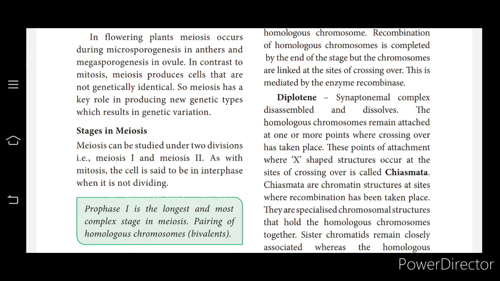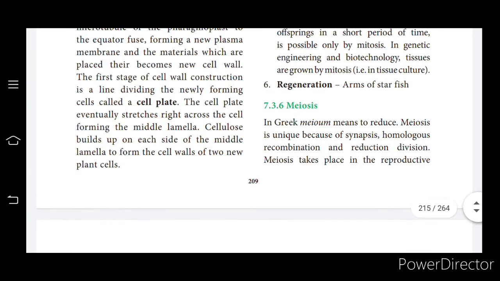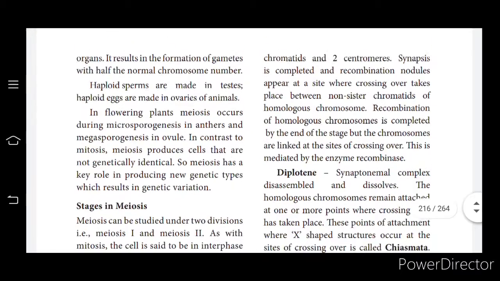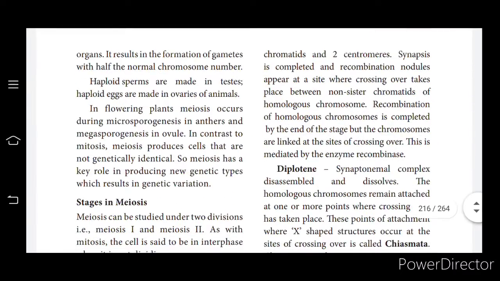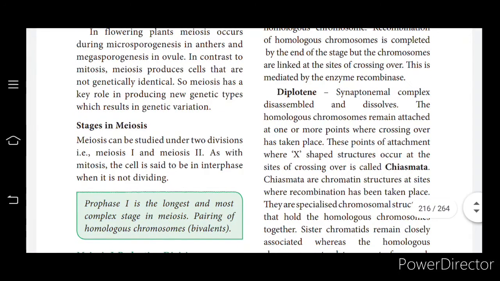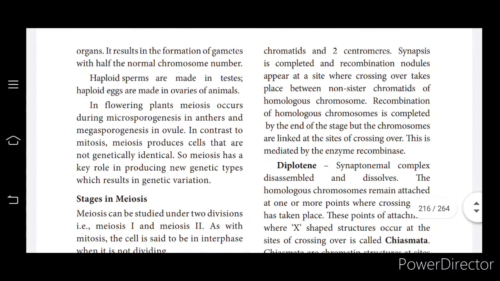What are the stages in meiosis? Meiosis 1 and meiosis 2. We shall learn about meiosis in detail now. The meiotic cell division undergoes the same phases as we have seen: interphase, prophase, metaphase, and so on.